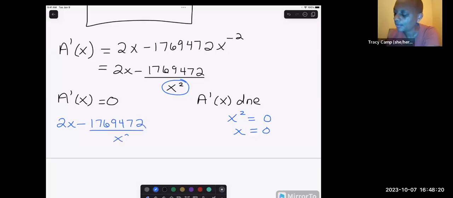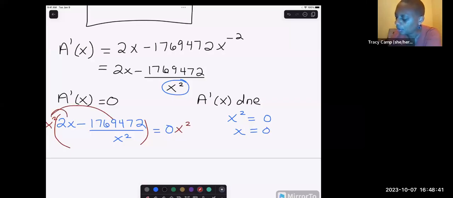So we set this equal to 0. Then we're going to solve for x. And anytime you have an equation with a fraction in it, you can get rid of that fraction by multiplying both sides by the denominator. So I'm going to multiply both sides by x squared. Distribute this.